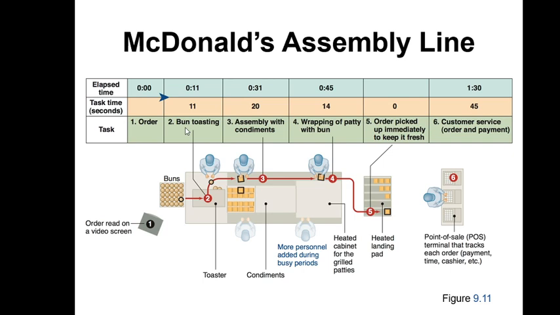But the bun toasting in workstation number 2 needs 11 seconds, and you need for example 20 seconds for the assembly with the condiments, the other things you put with the burger. And the rubbing of the patty with the bun needs 14 seconds and so on. So each task at each workstation has a task time.